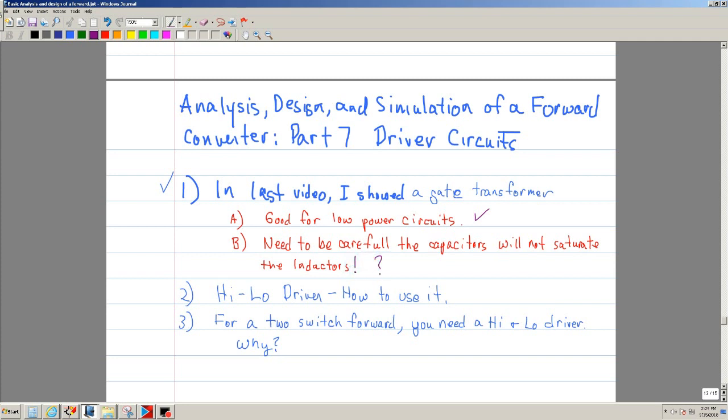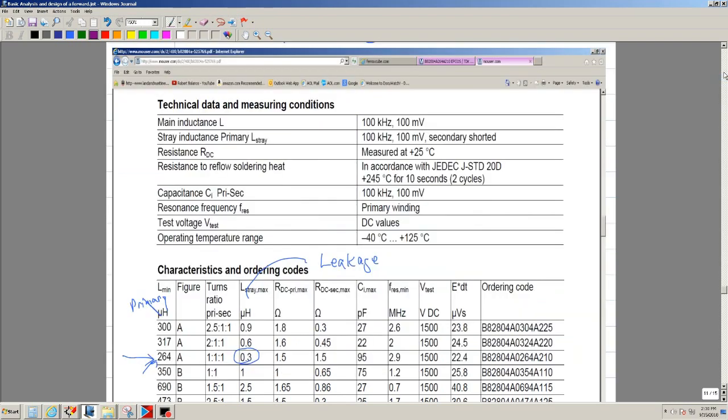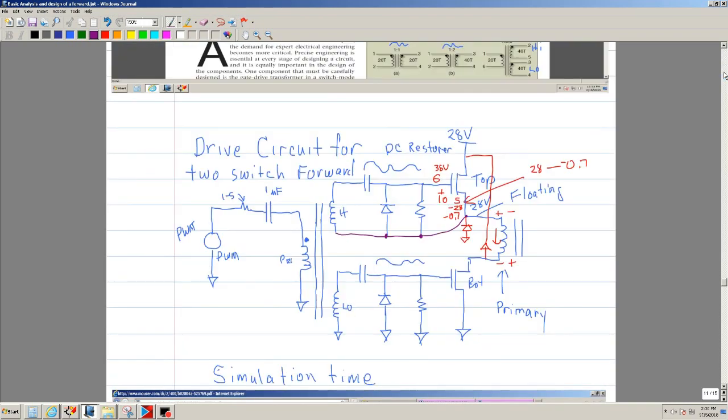What does that mean? Let's see what happens. These are typically going to be electrolytic capacitors, so they're going to be positive and negative, positive and negative, positive and negative. They're going to be electrolytics or tantalums.